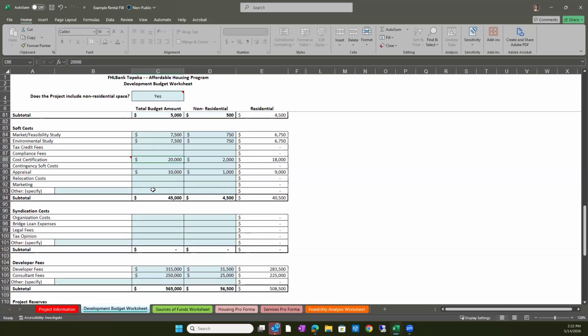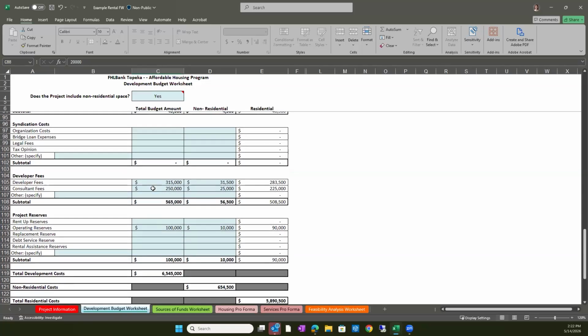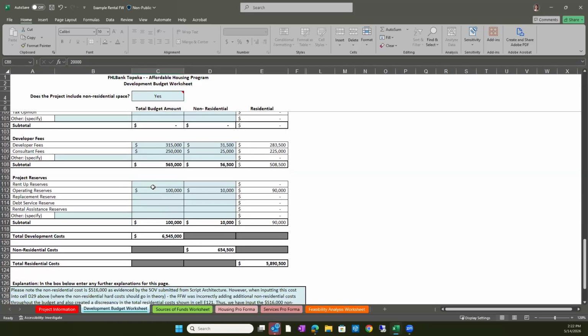Okay, moving down, going to get to our last few sections here. I want to talk about developer fees and project reserves. In our developer fees section, projects are allowed to charge a developer and/or consultant fee that totals up to 15% of specific residential costs in the feasibility workbook. We do get a lot of questions about what it is 15% of.